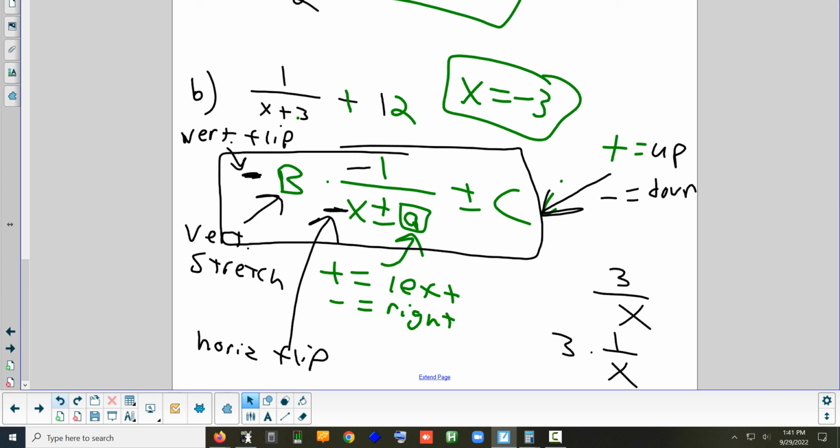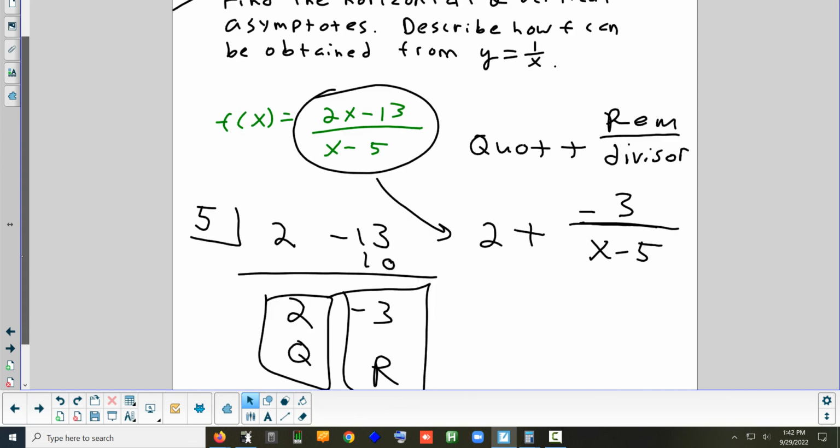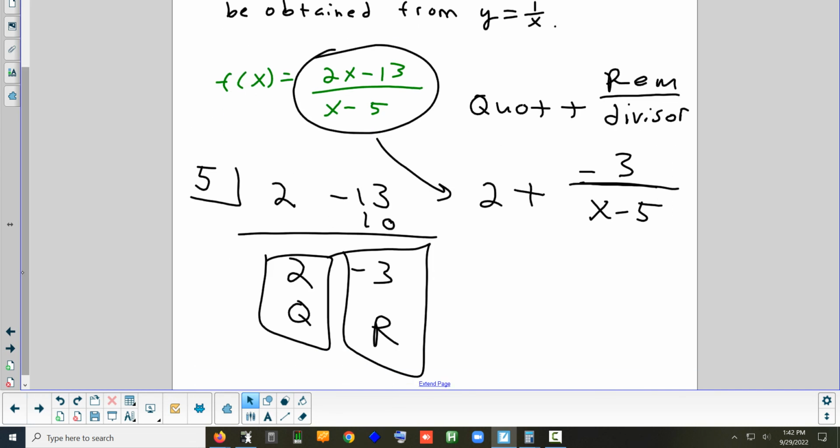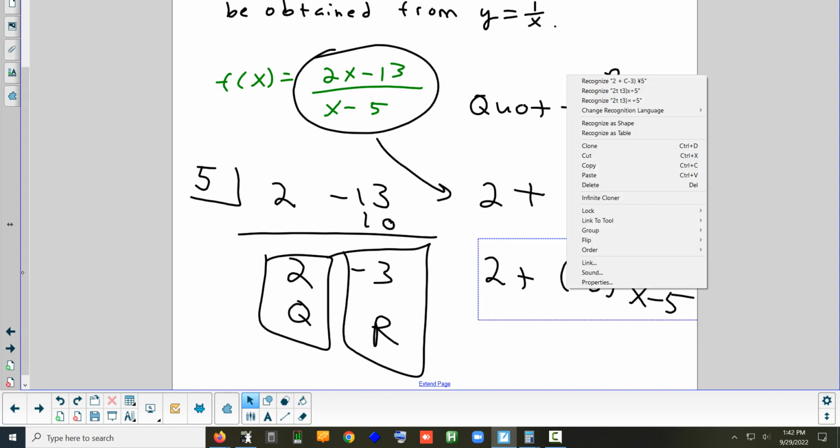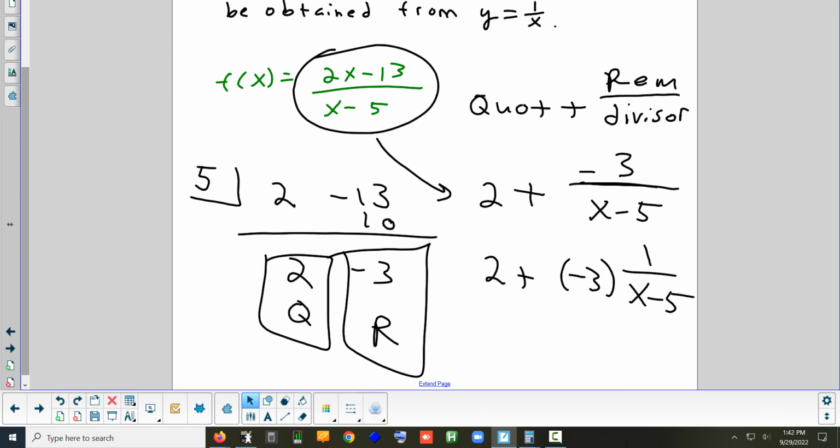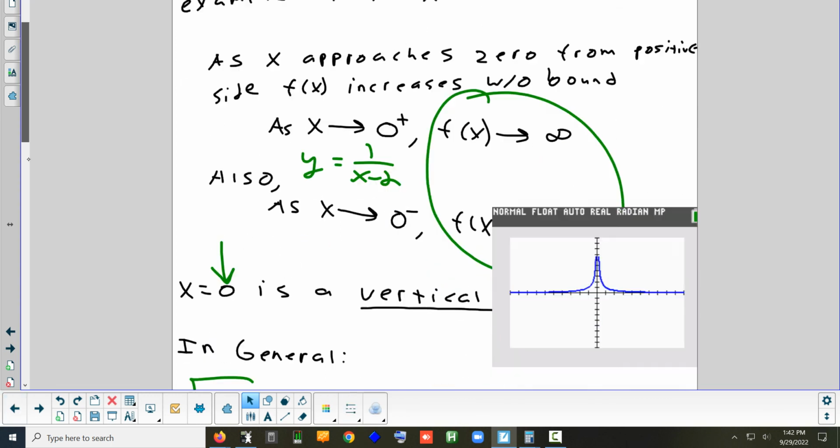And then you'll see your vertical stretch. So let's do that. Take the number that's in the top and bring that negative 3 out in front. Now I can see that it's negative 3, so vertical stretch and a flip. And this plus 2, we normally don't put that in the front.